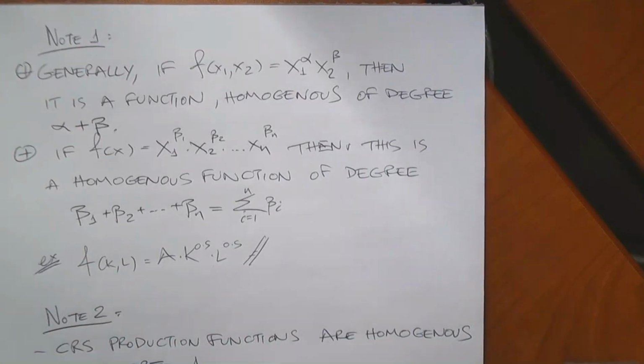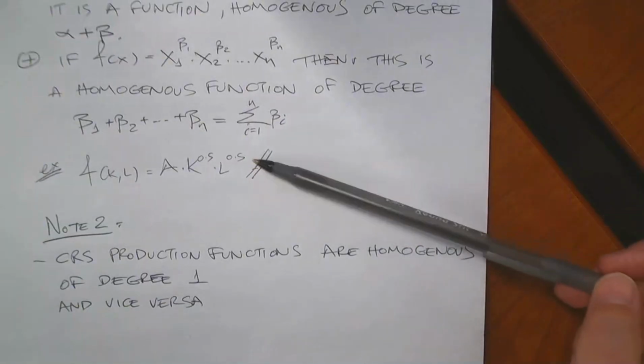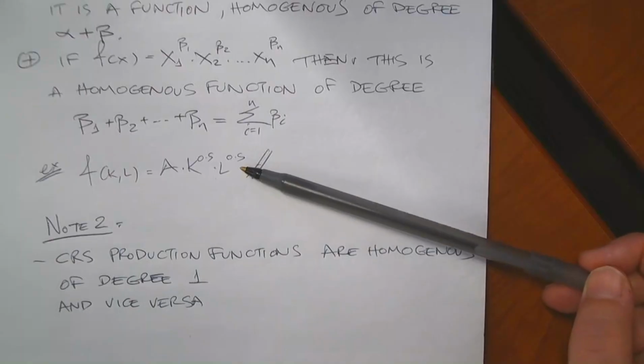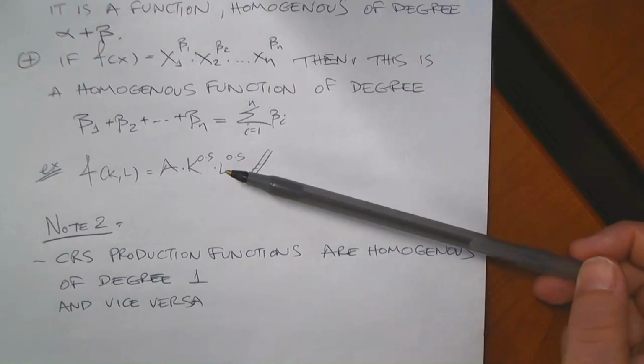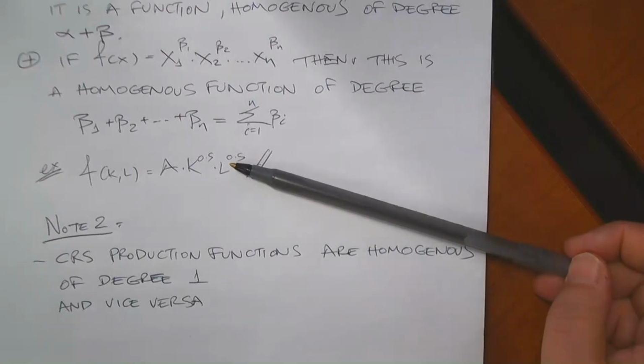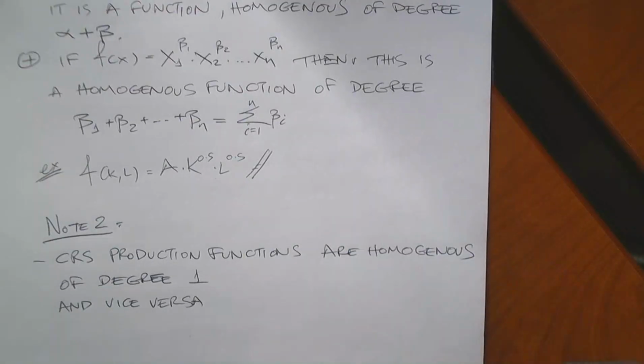Production functions that are homogeneous of degree 1 exhibit constant returns to scale. The point here is that this function over here, we can start from the understanding that it's a homogeneous function and we're representing a production process. That means that you have a function with constant returns to scale. So that's an important finding.